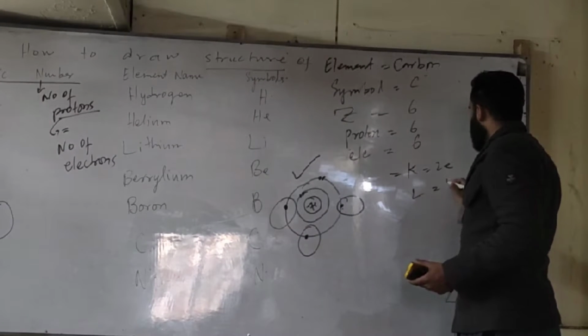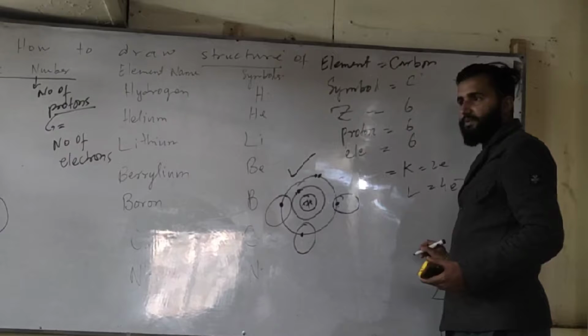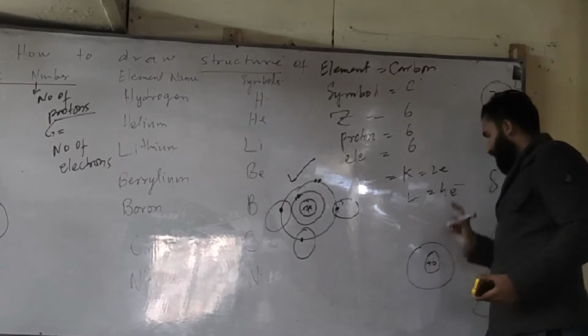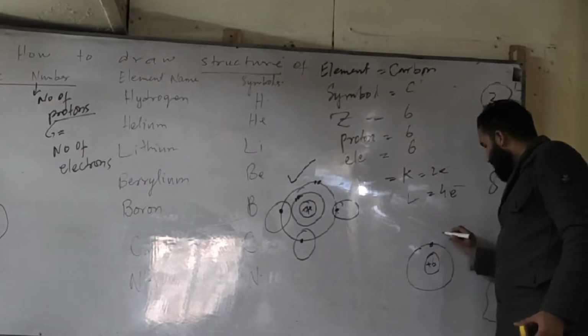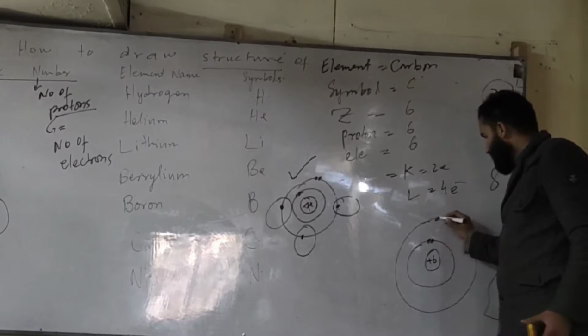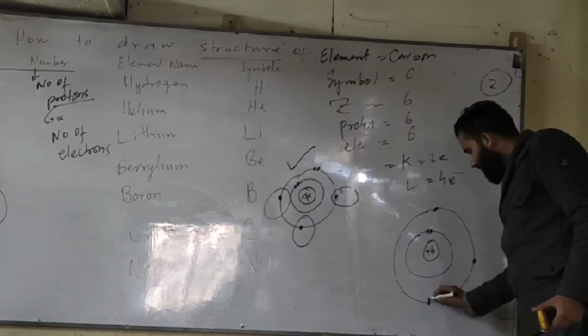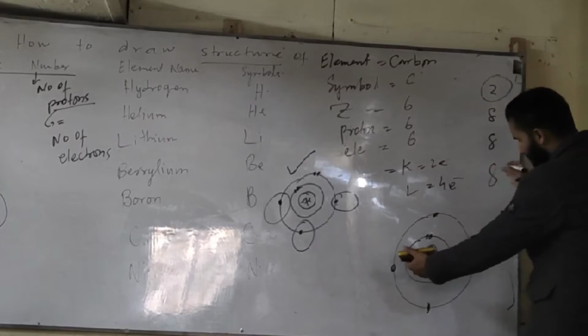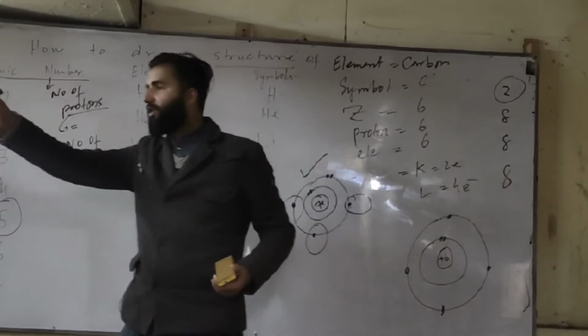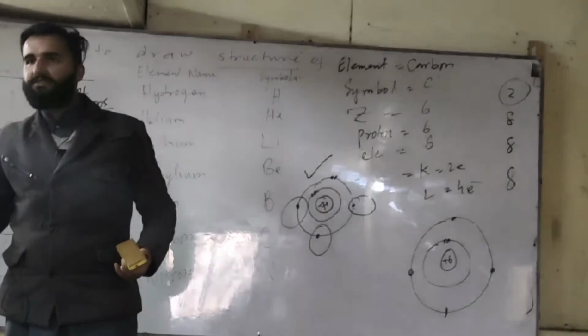In the second shell it has 4 electrons. So in the first shell you fill 2 electrons, and in the second shell 1, 2, 3, 4. From this electronic structure you can predict that carbon forms 4 bonds. You can predict the properties as well.